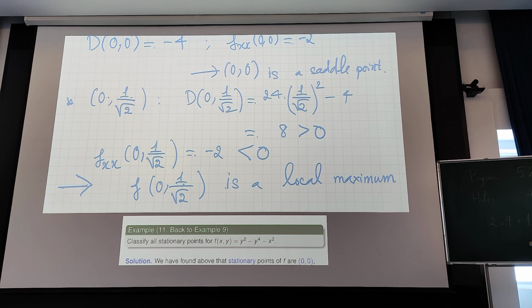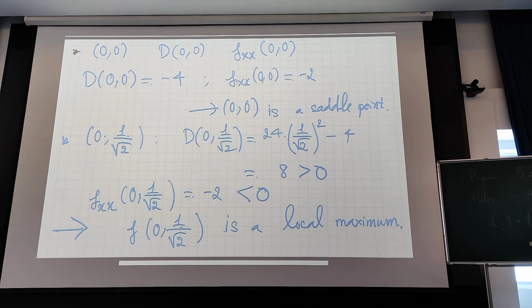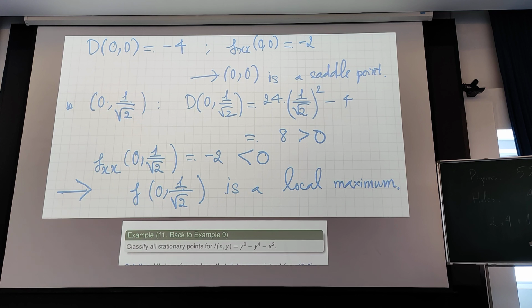Or you can say that the point (0, 1 over square root 2) is a local maximal point, that means the point where the function attains the local maximum, right? You can do similarly for the remaining point (0, minus 1 over square root 2), and you can see that it is also a local maximal point.